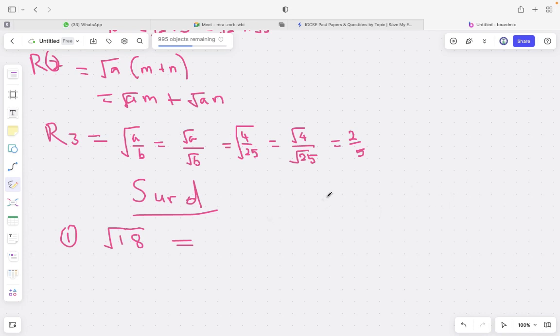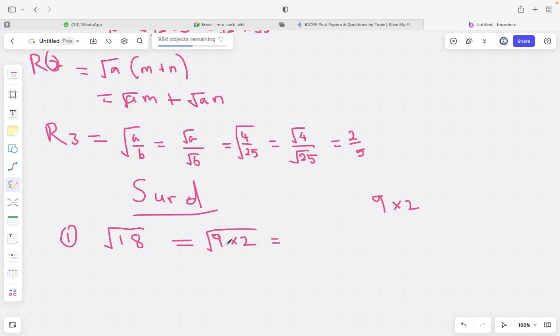So 18, you already know the factors. The bigger one you can find the square root of, the other one is 9 times 2. 9 times 2 is 18, right? So you write 9 times 2. There you apply rule 1.